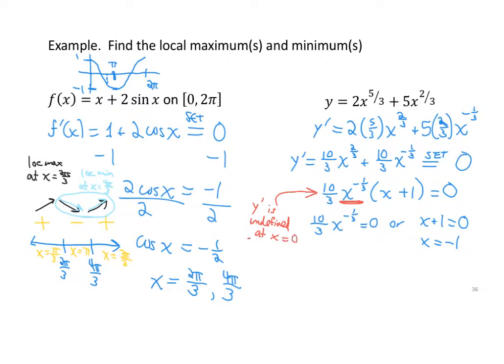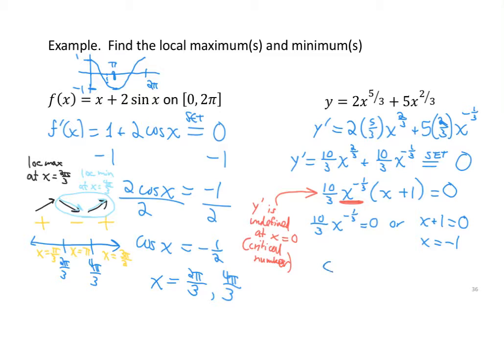That makes it a critical number. Remember, it's not just the numbers where the derivative equals 0, it's also where the derivative is undefined. As you can see by the algebra work, we got a place where the derivative does actually equal 0, and that's x equals negative 1.